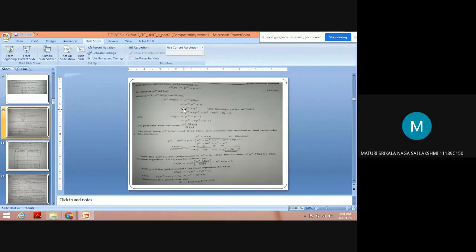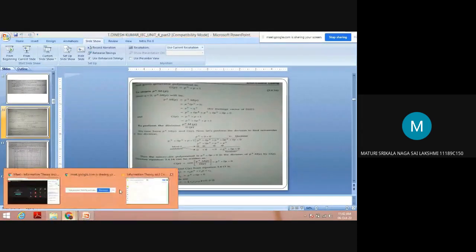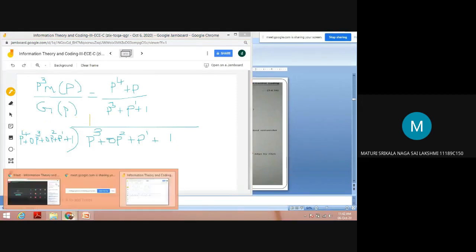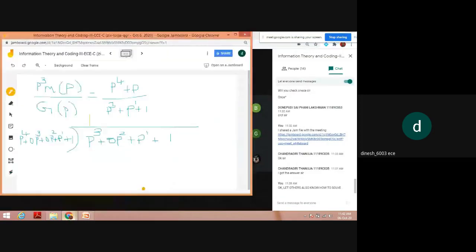Sir, sir, sir, here I wrote it wrongly. It should be p power 4 plus p cube, sir, in this place.